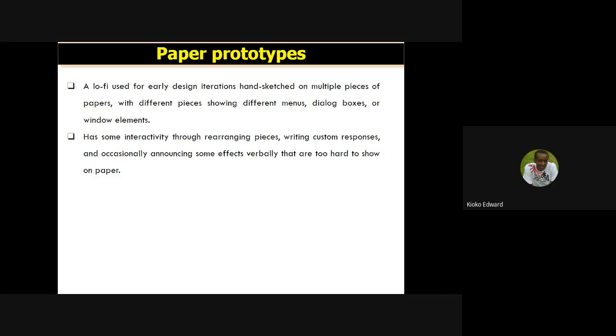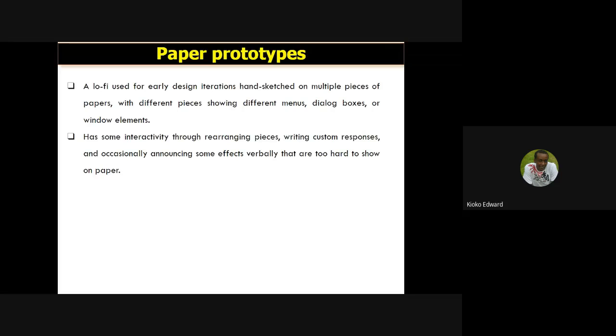So interaction can be done by rearranging the pieces of paper. For example, you can tell the user, try to find an item, and you see how the user is able to rearrange the paper. If that's possible, then it means that the user already understands how the final system will look.